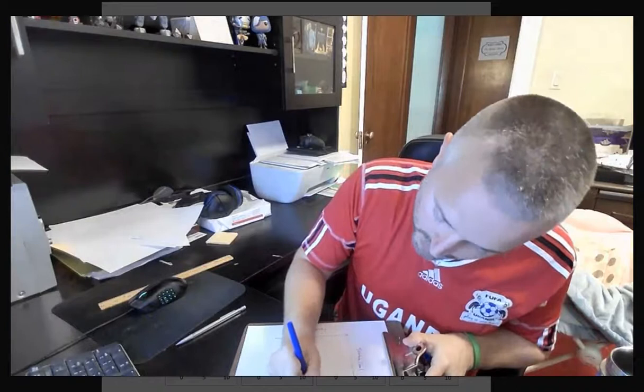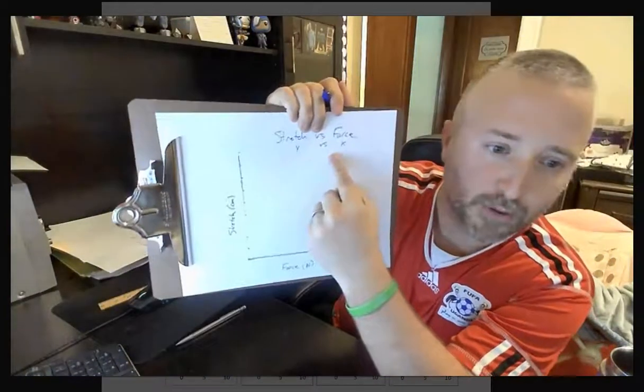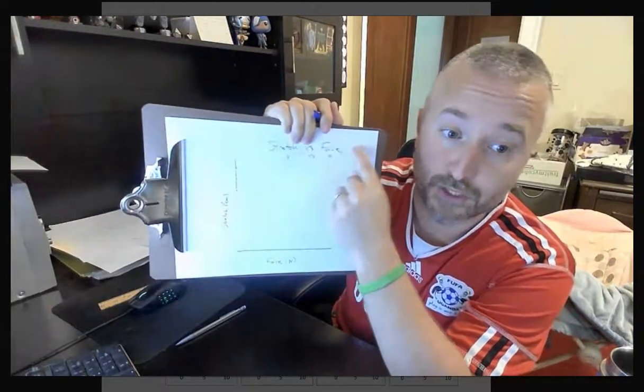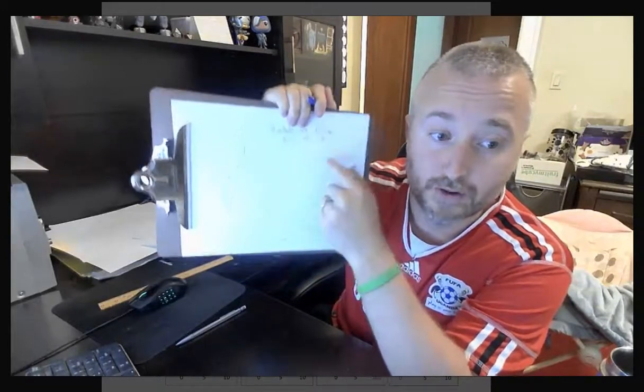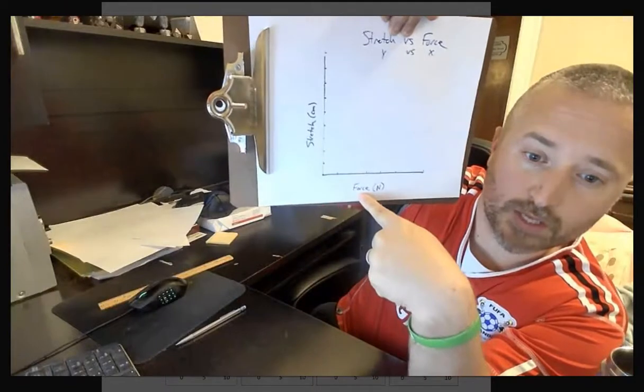So I'm going to write at the top that mine is stretch versus force, or y versus x. You don't have to write this bottom part if you don't want, but that's the order it needs to be in. If you say force versus stretch, you're going to get a wrong answer because the order very much matters. It's always what's on the y versus what's on the x.